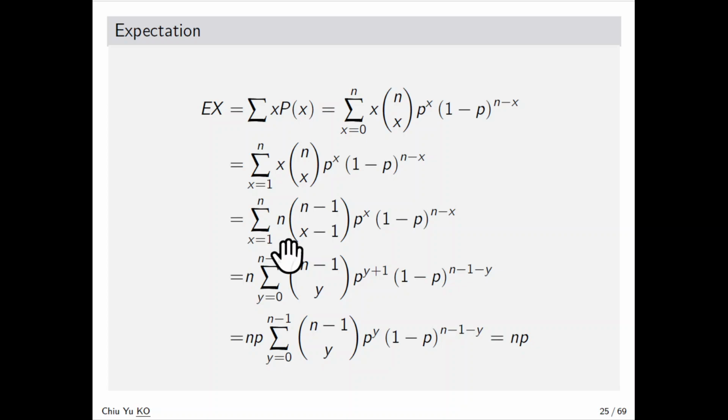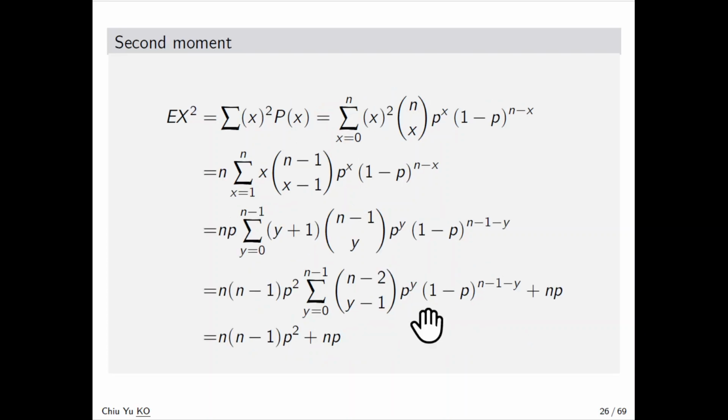Then you have a p there; take out the p as well. Why do we want to do that? Because what remains is a binomial distribution with n minus 1 and p. So the summation of all probabilities is 1, and that's why we get np. We will use this trick again in the next few slides.